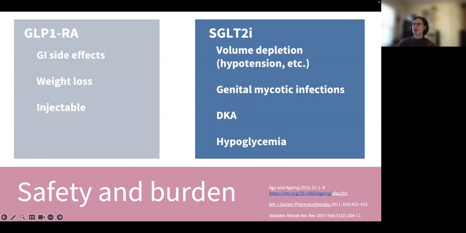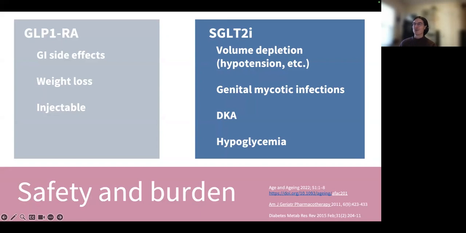And again, they typically are comparing rates of adverse events in people 65 years of age or older to those younger than 65. And these reviews are similarly concluding that SGLT2 inhibitors and GLP-1 receptor agonists have comparable safety in older adults versus younger adults. So there's similar rates of adverse effects based on clinical trial data.